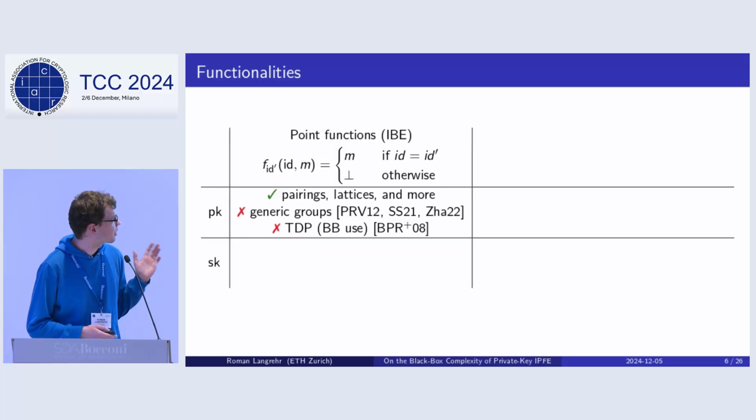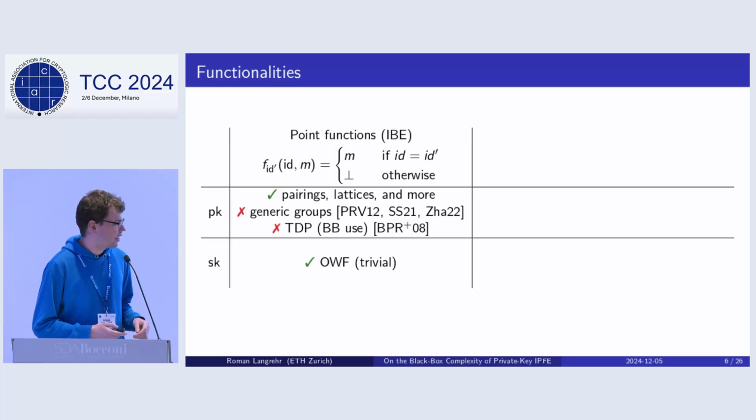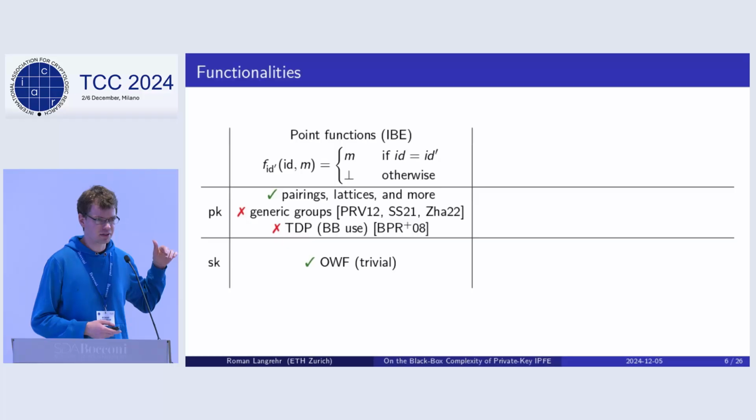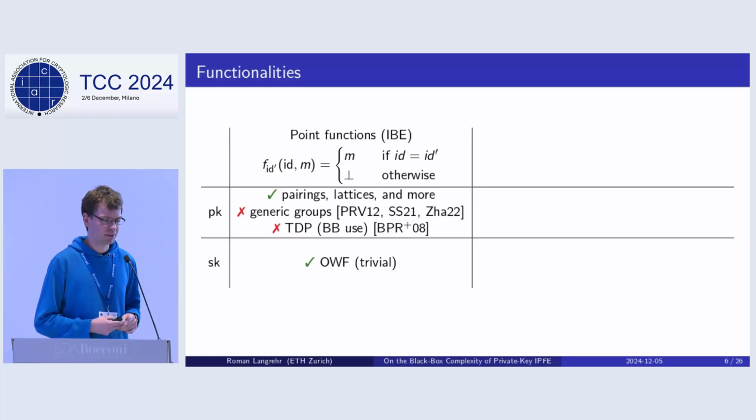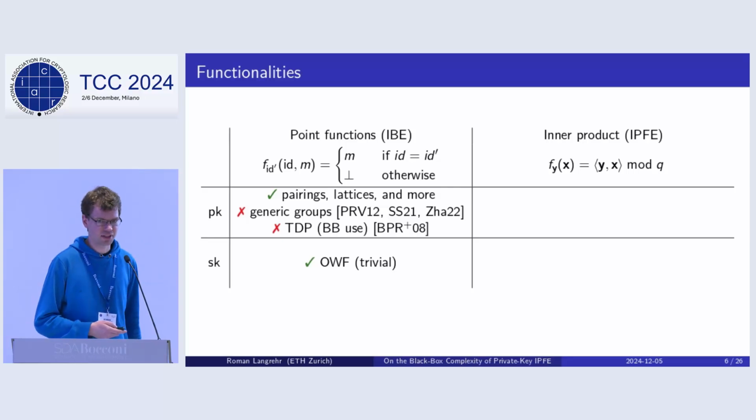For example, it's known that it's not possible to get it from generic groups or from trapdoor permutations if you use them in a black box way. Secret key IBE hasn't been studied explicitly, but the reason for this is probably that it's trivial to build it from just one-way functions. So here it becomes easier when we go to the secret key setting.